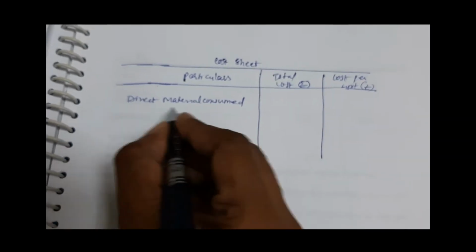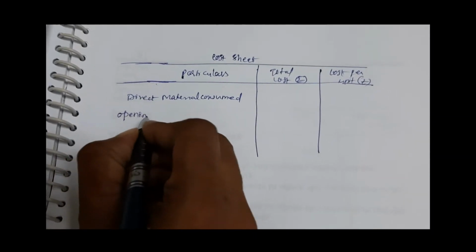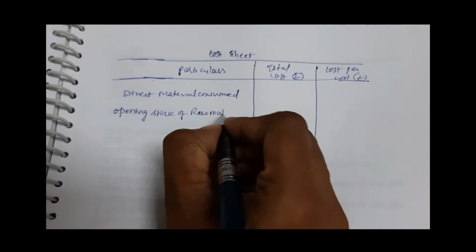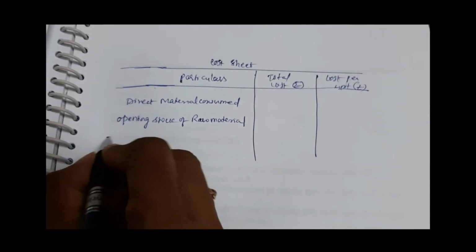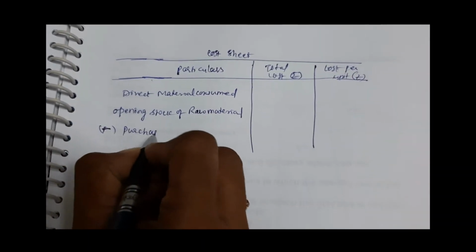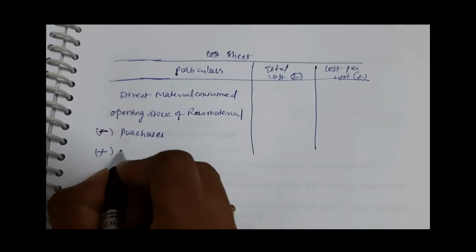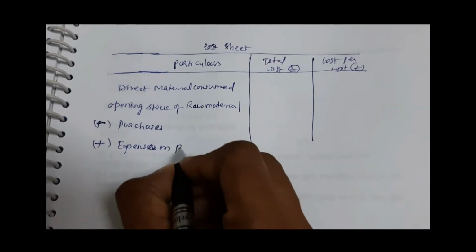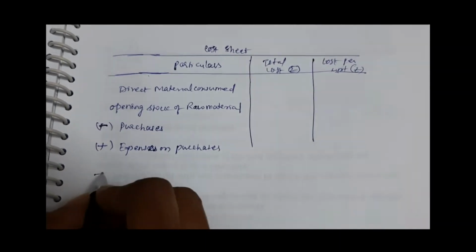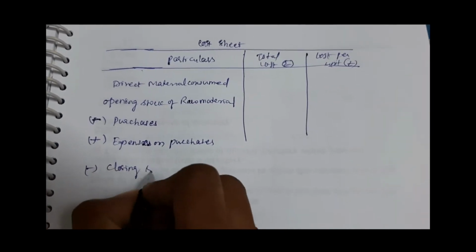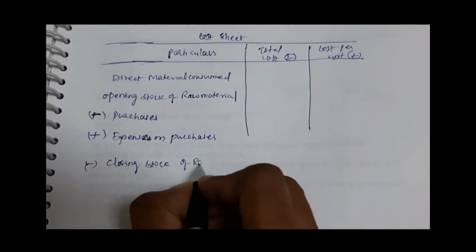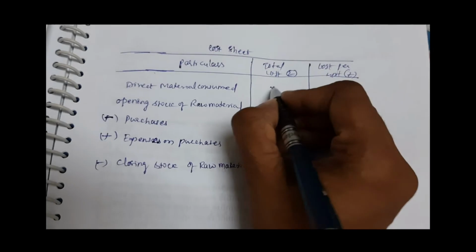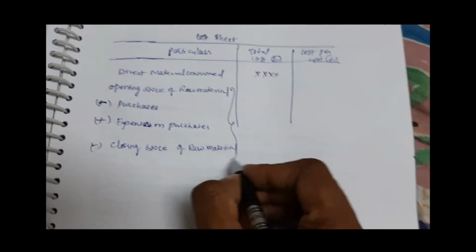And how do we get this direct material consumed? Initially you should take the opening stock of raw material. To that we should add purchases, then we should add expenses on purchase of raw materials, and we should deduct closing stock of raw materials, so that we will get direct material consumed.